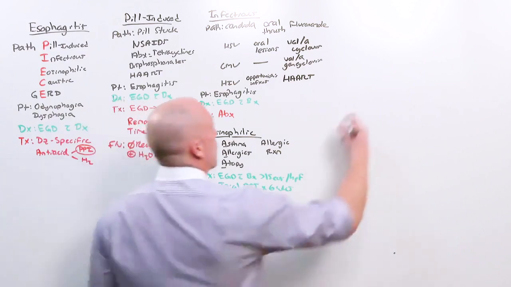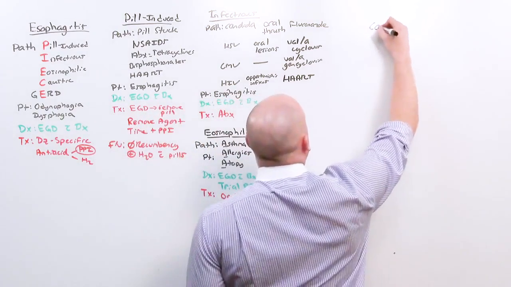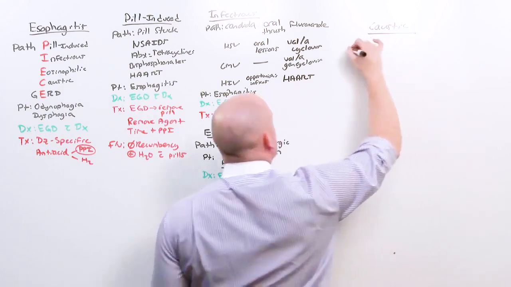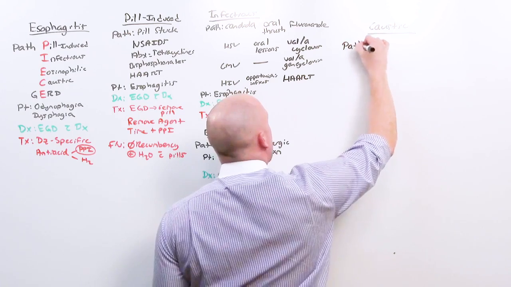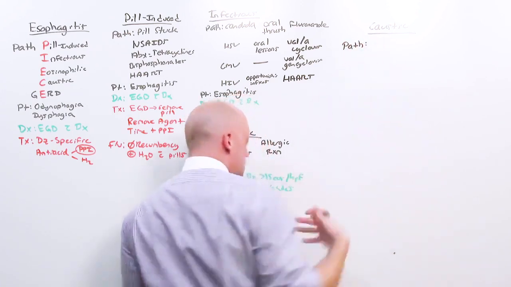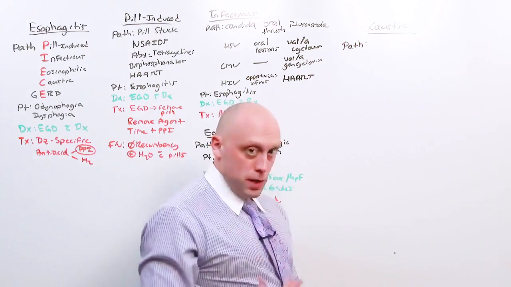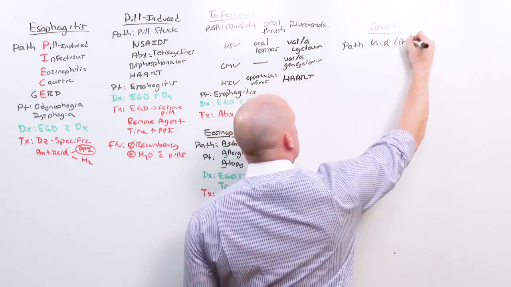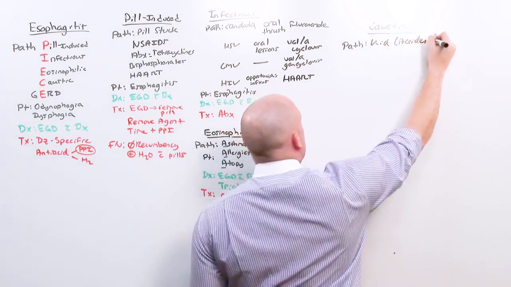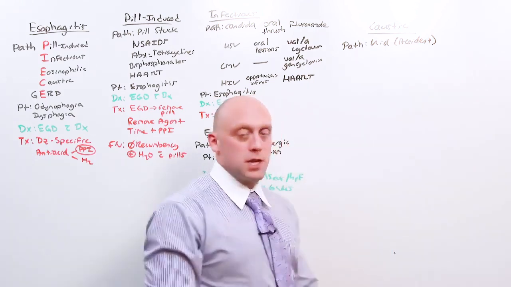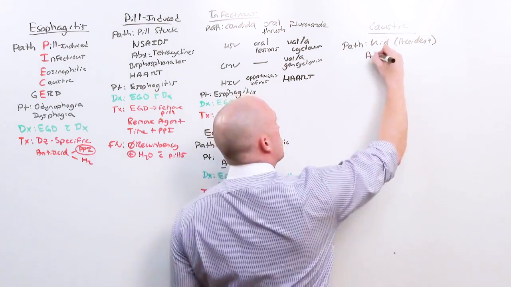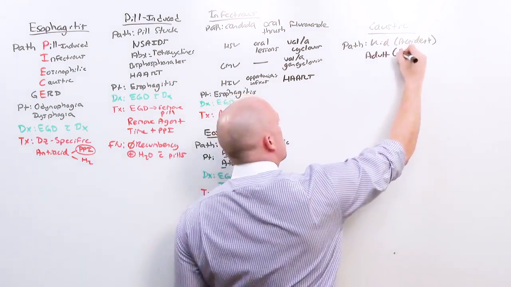And lastly, we'll talk about caustic. And caustic ingestion is covered a lot in the burn lecture in surgery. Caustic ingestion is going to occur in two patients. It's either going to be in a kid who has an accident, a very young kid who gets into a sink and drinks drain cleaner, or it's going to be in the adult with a suicide attempt.